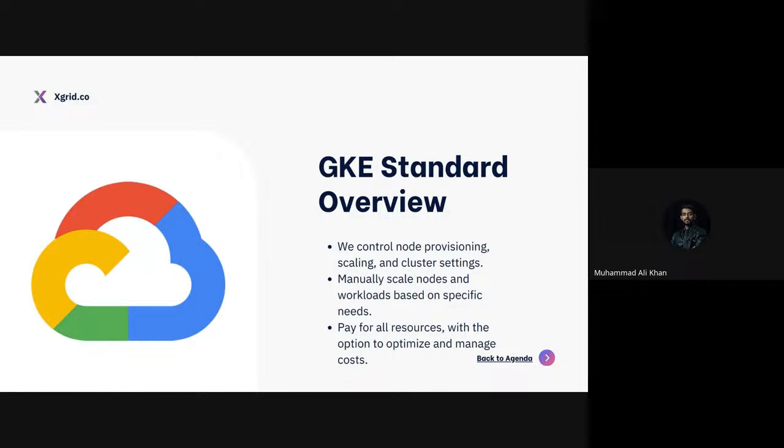So GKE Standard doesn't manage your resource utilization. You have to manage that yourself, and you have to make sure that you are allocating the proper node sizes and the proper resource allocation in order to save on costs.